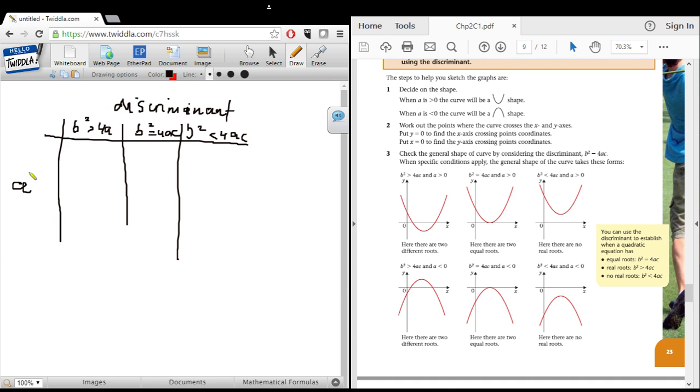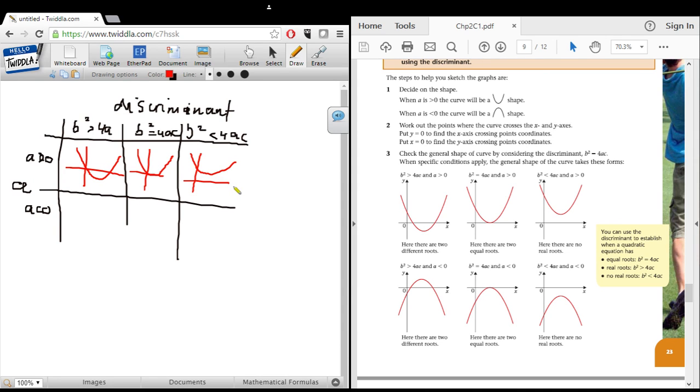And then you can have a greater than 0 and a less than 0, and then you can draw the pictures. Here you'll know that this is the case that we have, and here we'll have this particular case, and again this will help you to categorize all these different types of diagrams, and you can recall them a lot more quickly. That's the goal here, that's the aim.